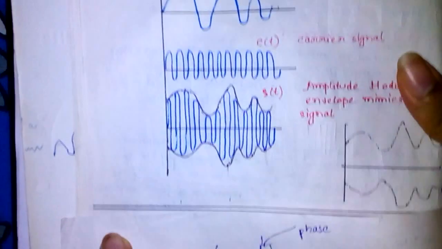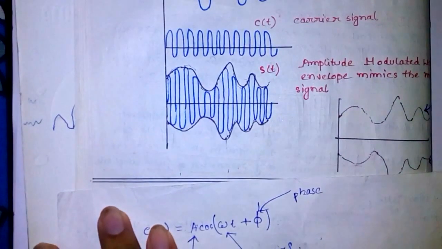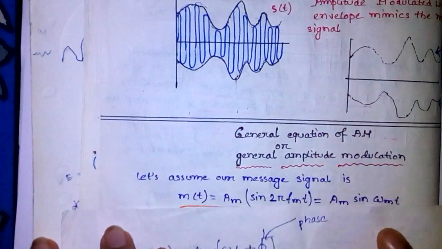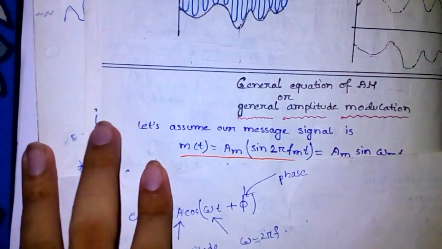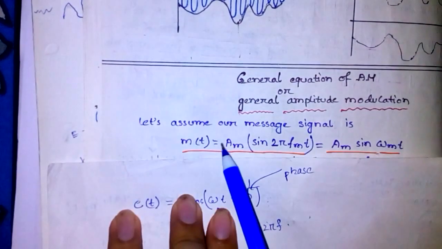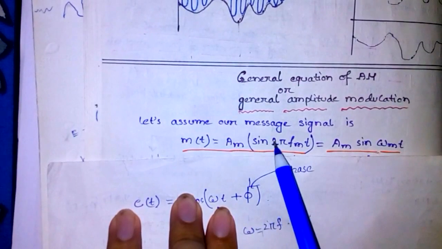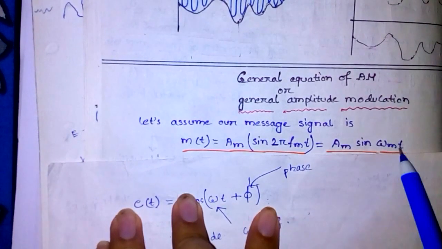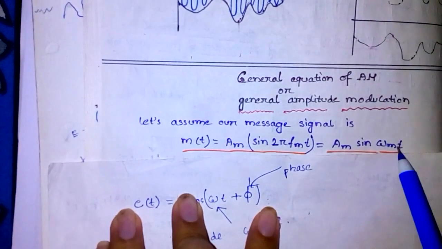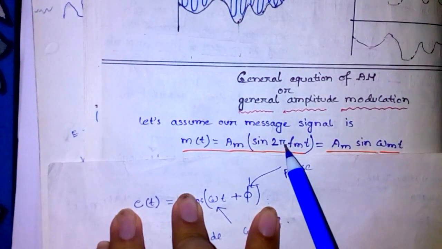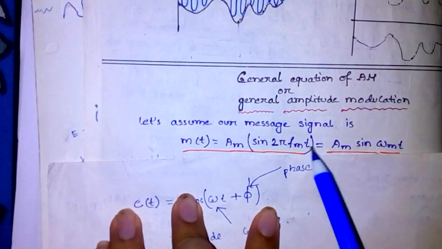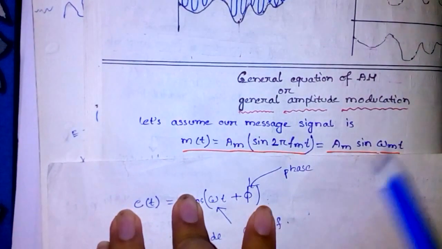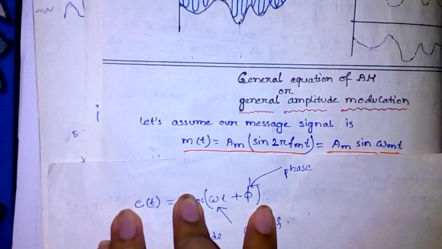Now, what should be the equation of amplitude modulation? Let's try to derive it. Let's assume that our message signal is Am sin 2 pi fm t, or we can write it as Am sin omega m t, because omega m is the angular frequency and fm is the actual frequency. You can take any signal.